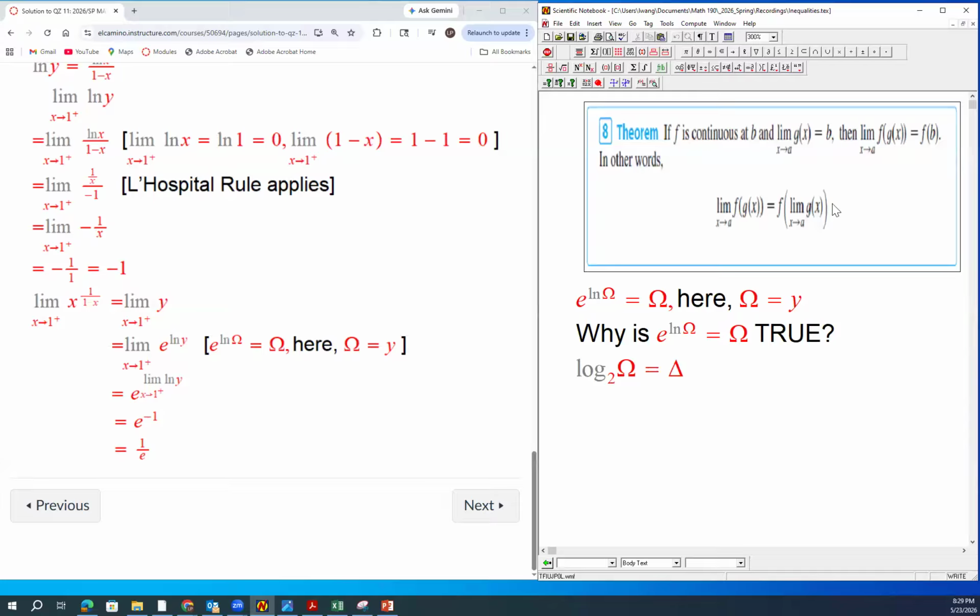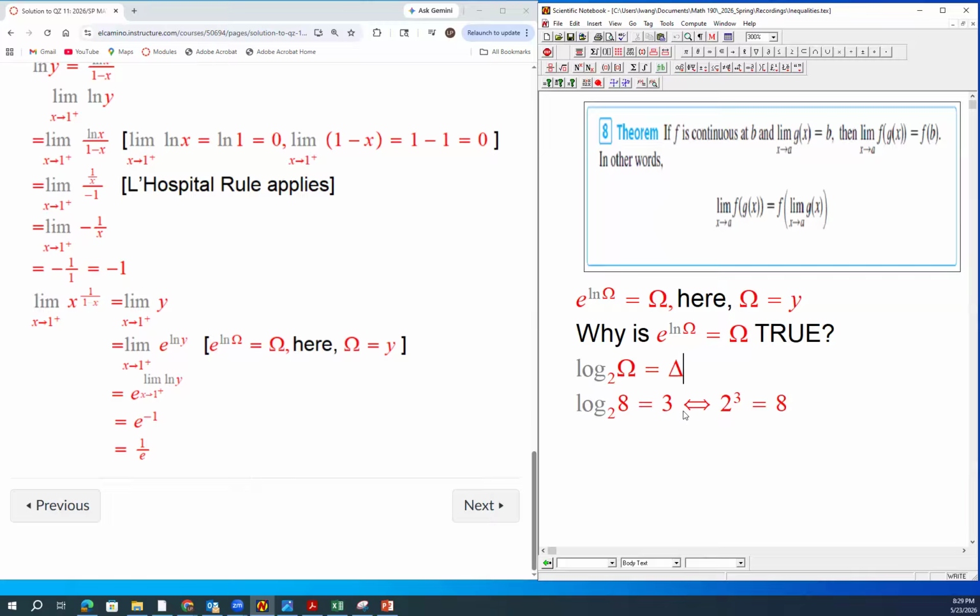For example, if log base 2 of omega is, say, omega is 8, this will be 3, because by the definition of a logarithm, let me draw a double arrow, an arrow with both directions right here. This means 2 to the power 3 equals 8.